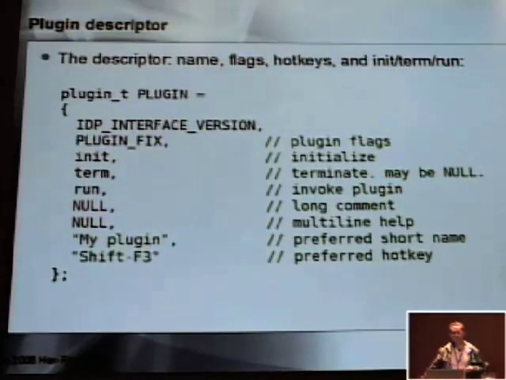We also specify the name of the plugin and maybe the hotkey that is attached to the plugin. So this information, this description block, never changes. You can say maybe sometimes you change the flags, but this is something you may ignore for the moment.